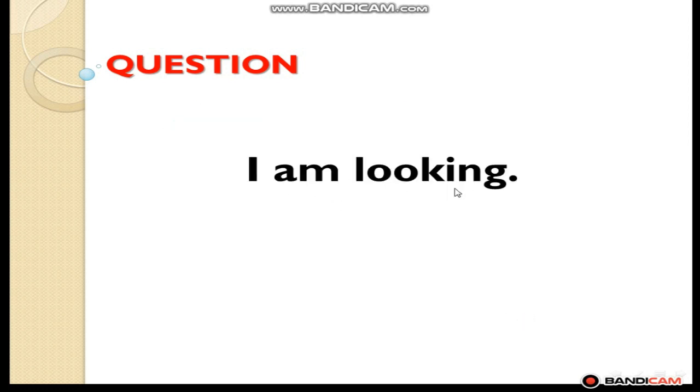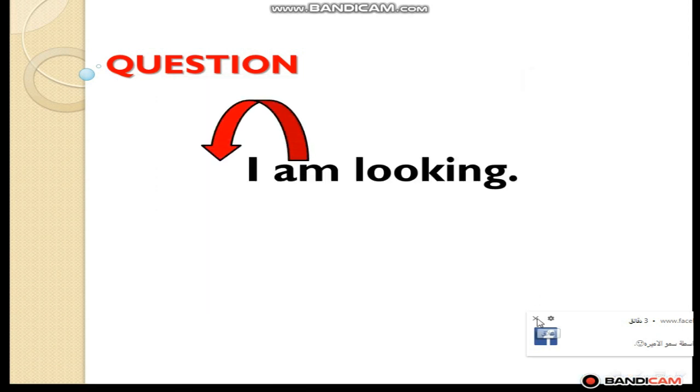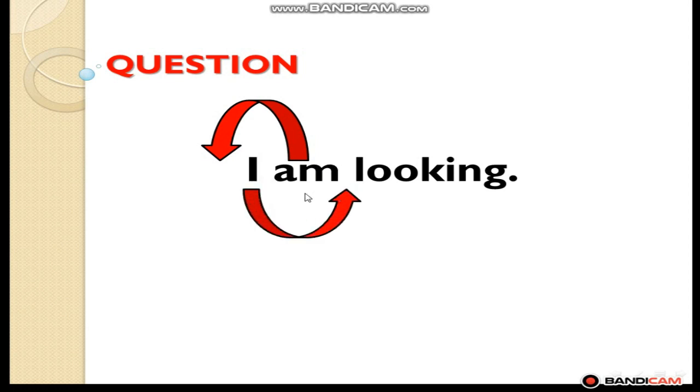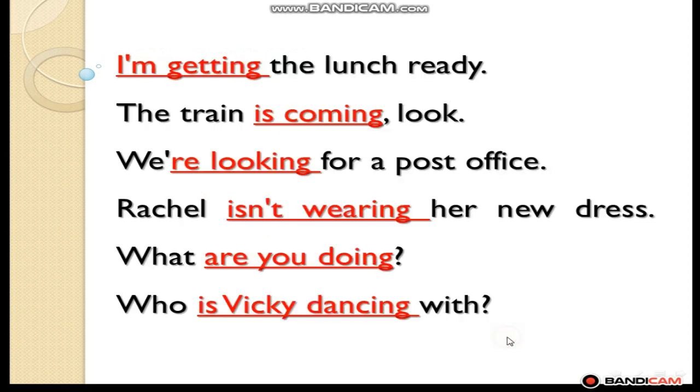In order to change this statement into a question, we have to take the auxiliary verb into the front position and the subject into the auxiliary verb's position, and the question will be am I looking?